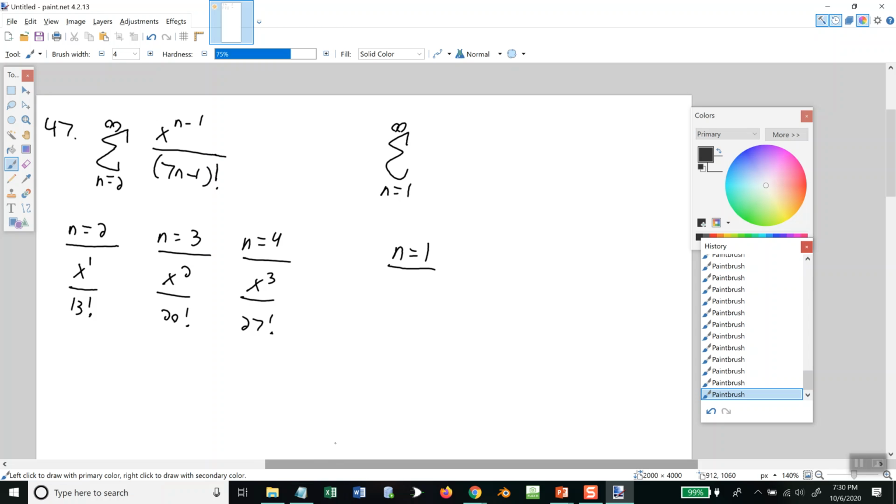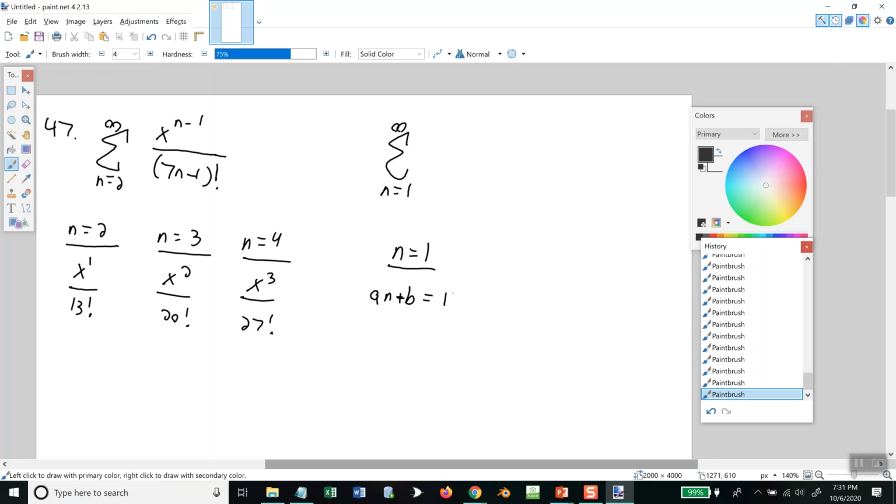Now over here, when I plug in n equals 1, I need to have something that gives me 13, just like I plugged in n equals 2 here, and that gave me 13, didn't it? So instead of 7n minus 1, I'm going to put variables there, like an plus b.